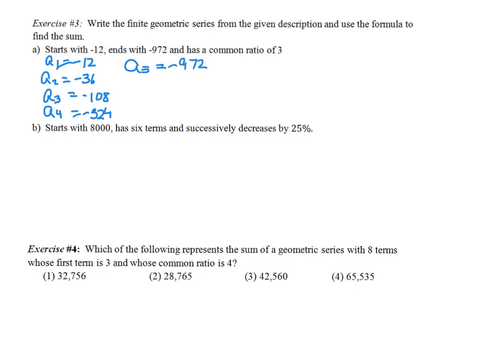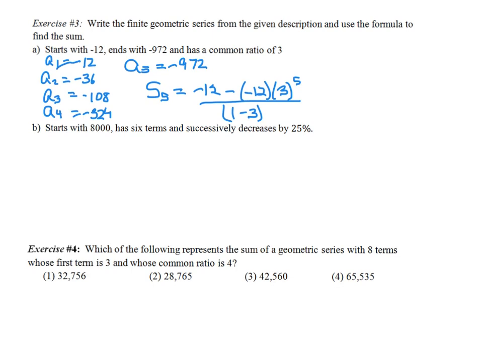So I want to add together all of those terms. So the sum, notice that I've got 5 terms there, is going to be equal to the first term, negative 12. I think I'm going to use the second formula this time. So actually it's the first one that we wrote down. A1 minus A1 times the ratio 3 raised to the nth power, which is 5, all over parentheses 1 minus 3.